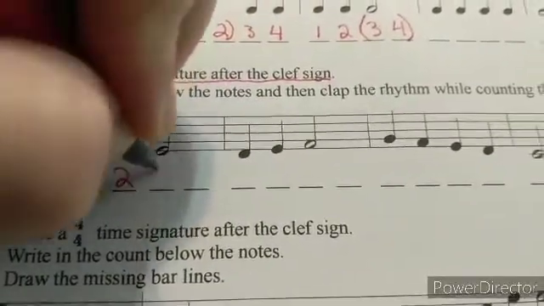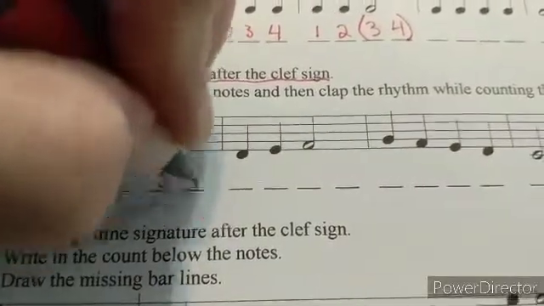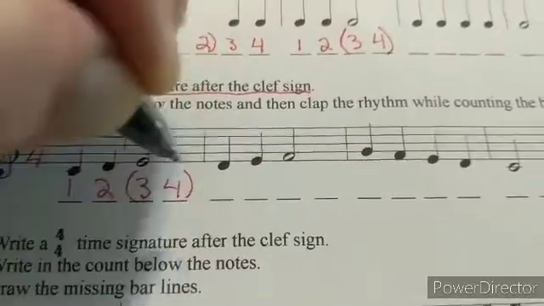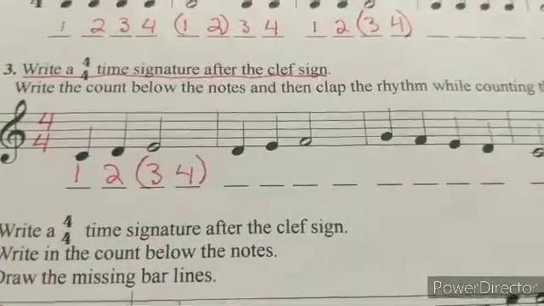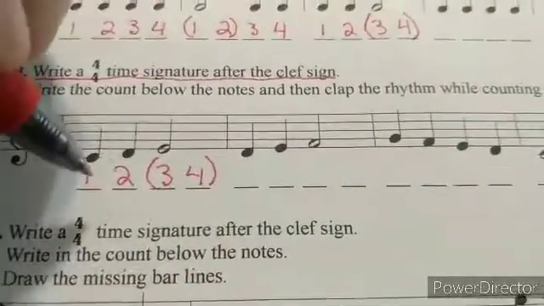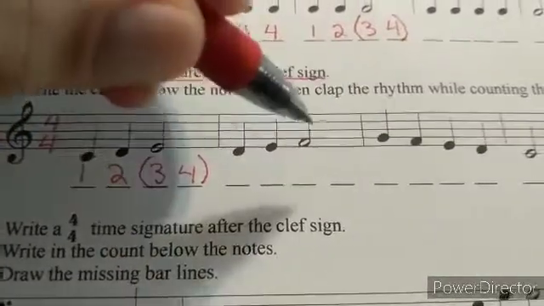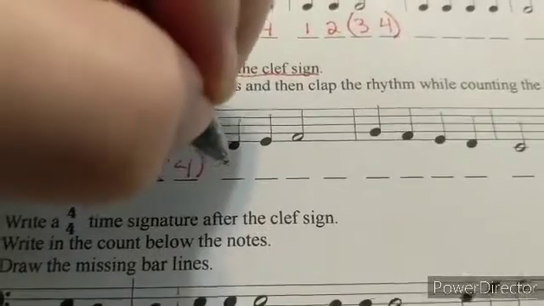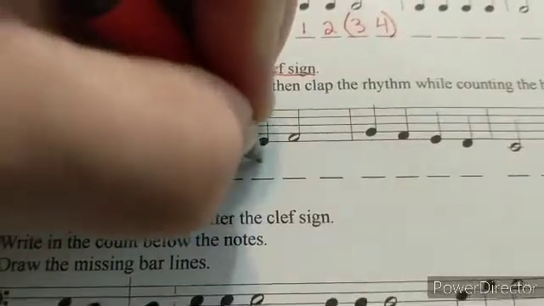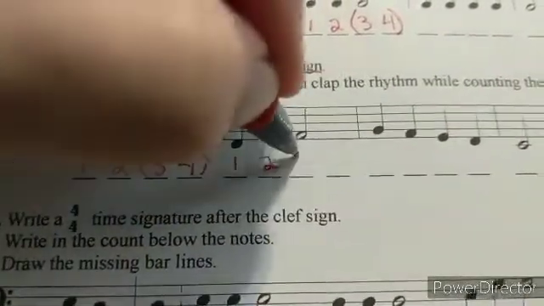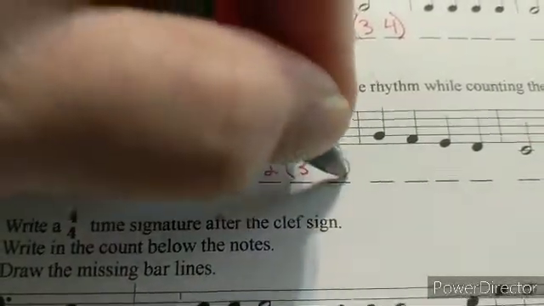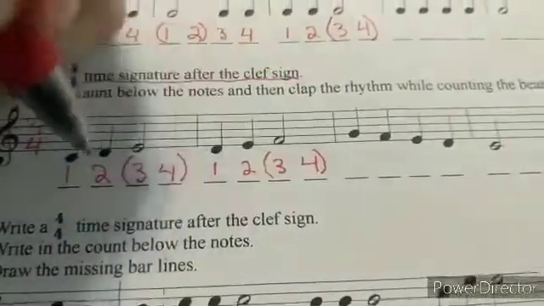Now we have our half notes, 3 and 4, which means we have to put it in parentheses because it's under a half note, and a half note gets 2 beats. You'll notice this measure and this measure may look different pitch-wise, but counting-wise, 1, 2, and then 3 and 4 are in parentheses. That means rhythmically these 2 measures are the same.